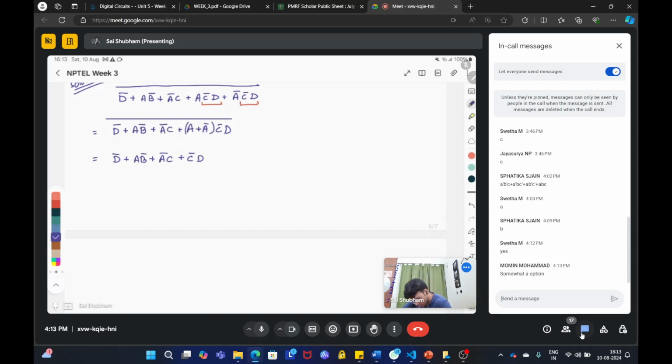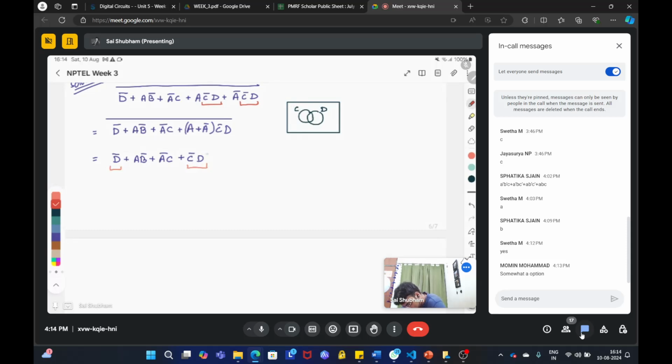Okay. Now we can club these two together as if you make a Venn diagram. This is suppose C and this is D. Fine. So first expression says D dash, which means okay.